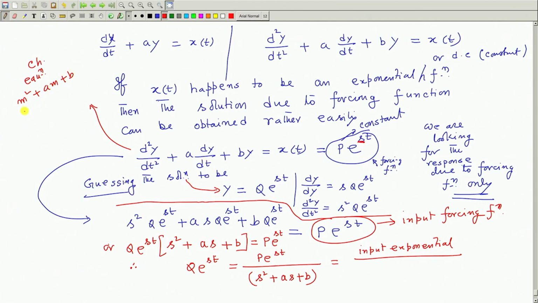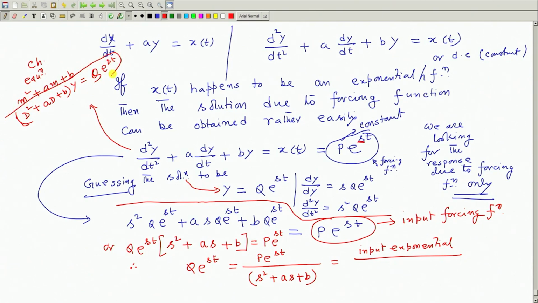Or you can say in terms of the differential equation, you think in your own way, (D square plus a D plus b) into y is equal to q into e to the power s t.